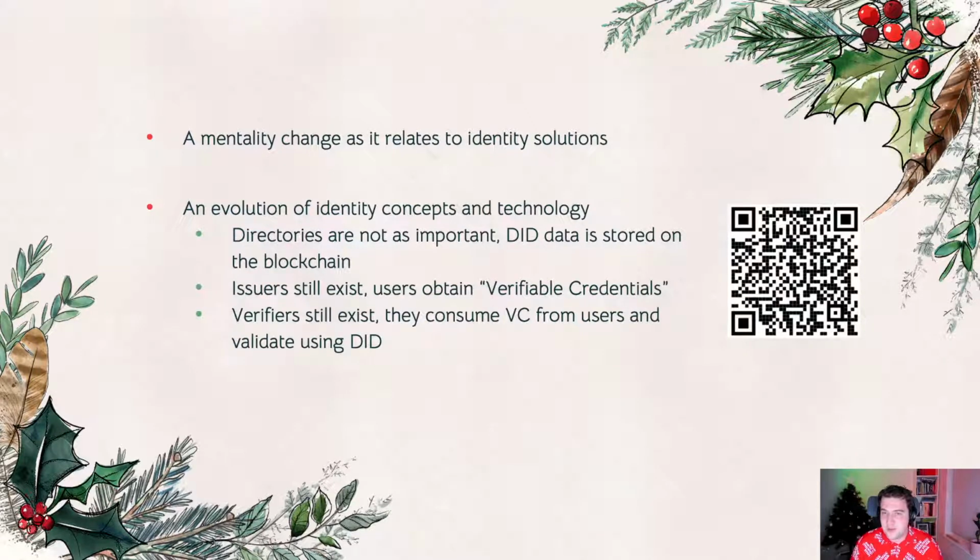And instead of consuming claims directly from an issuer, so for example, an OIDC token directly from Facebook, they consume the credential from the user, and rather than talk to the issuer, they validate that information using the decentralized network. So it's a lot less reliance on communication between the three traditional parties of an issuer, a verifier, and a user.